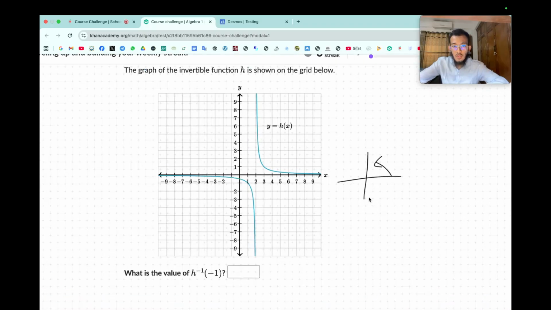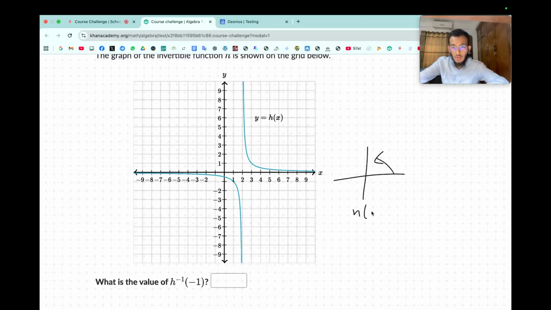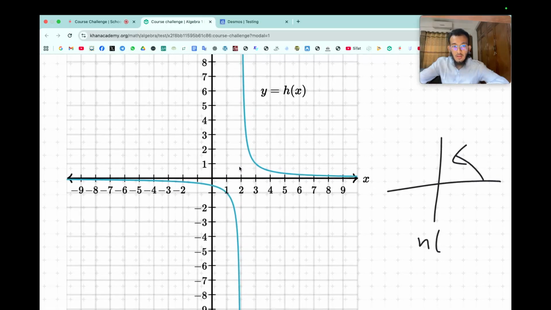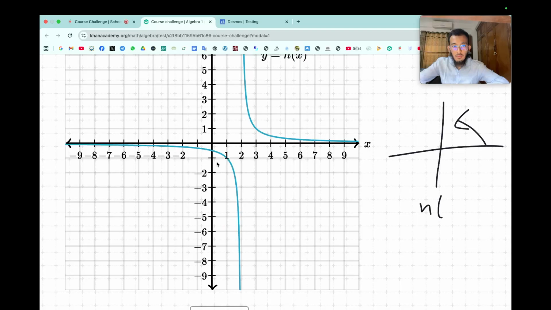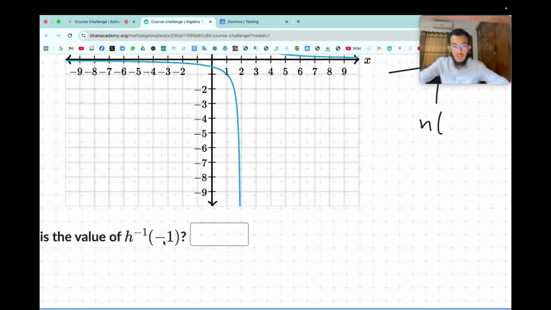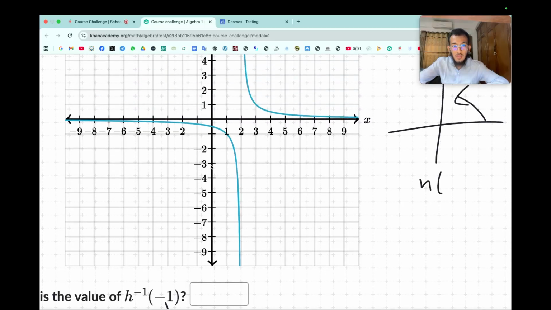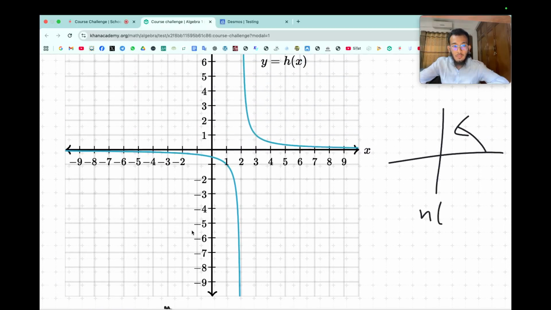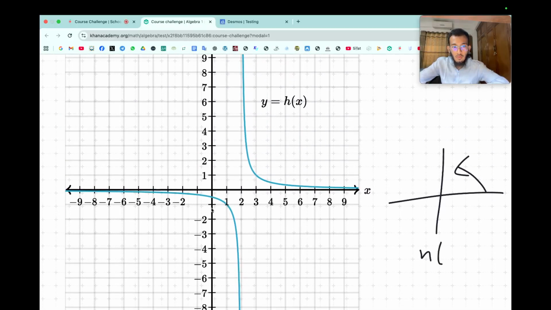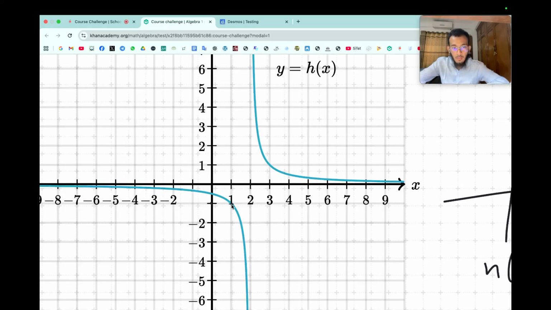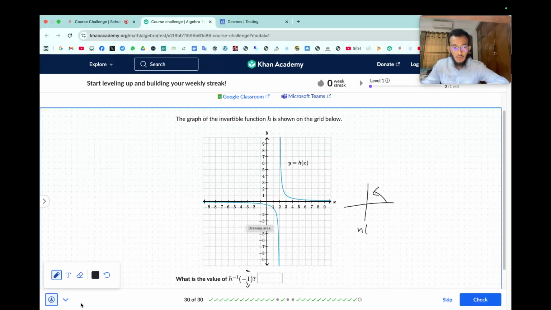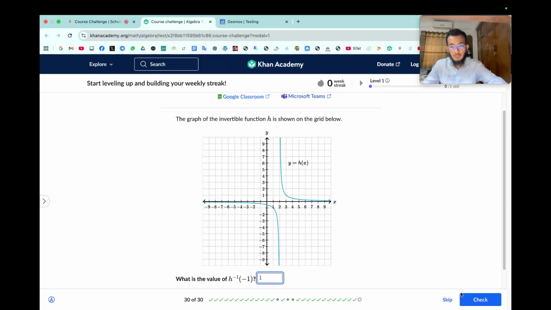So h inverse of -1 is the same value that we get for y of this function, because we change x with y. So this x would be this y. So for y, if you have -1 here, we get +1 here. So this would be +1. And that is the end for our test.